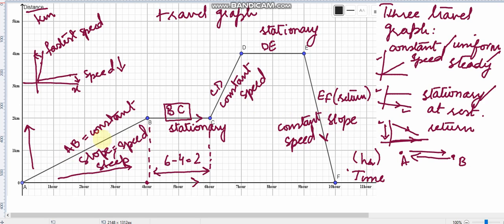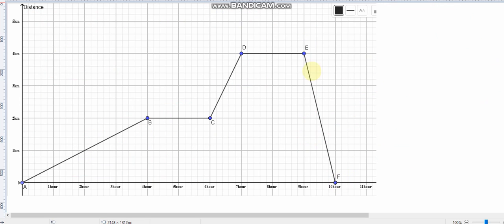Now coming to the point of calculation, because you people are taught how to calculate speed from the graph. So starting the speed calculation for the segment of A to B, let me just erase this. Okay.